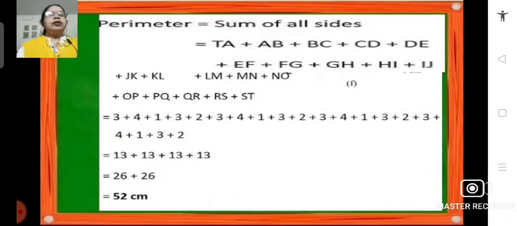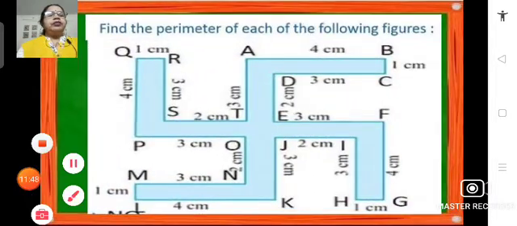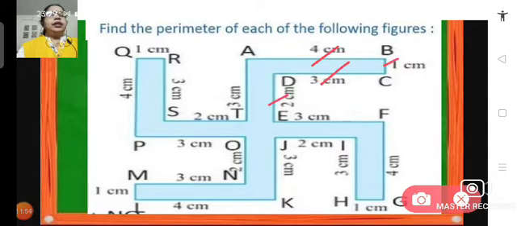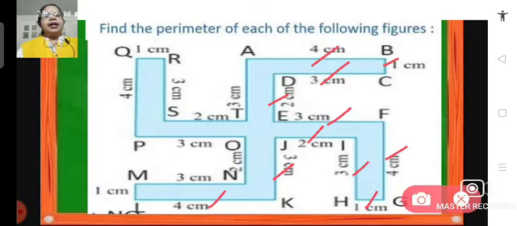Suppose we start from AB, so it will be AB plus BC plus CD plus DE plus EF plus FG plus GH plus HI plus IJ plus JK plus KL plus LM plus MN plus NO or ON, then OP, then plus PQ plus QR plus RS plus ST and plus TA.